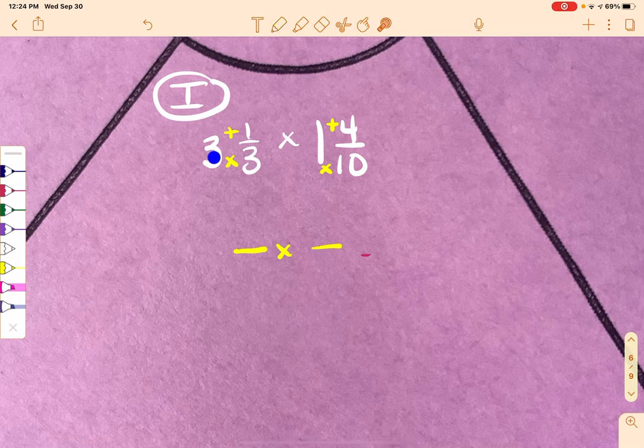So 3 times 3 is 9, plus 1 is 10. So 10 over 3. In the second one, going to follow the same process. 10 times 1 is 10, plus 4 is going to be 14. So 14 over 10.